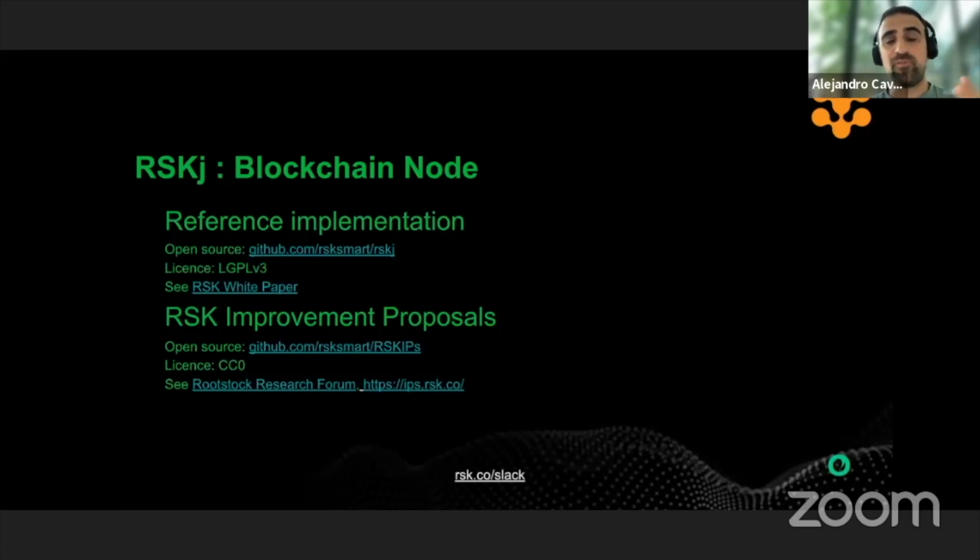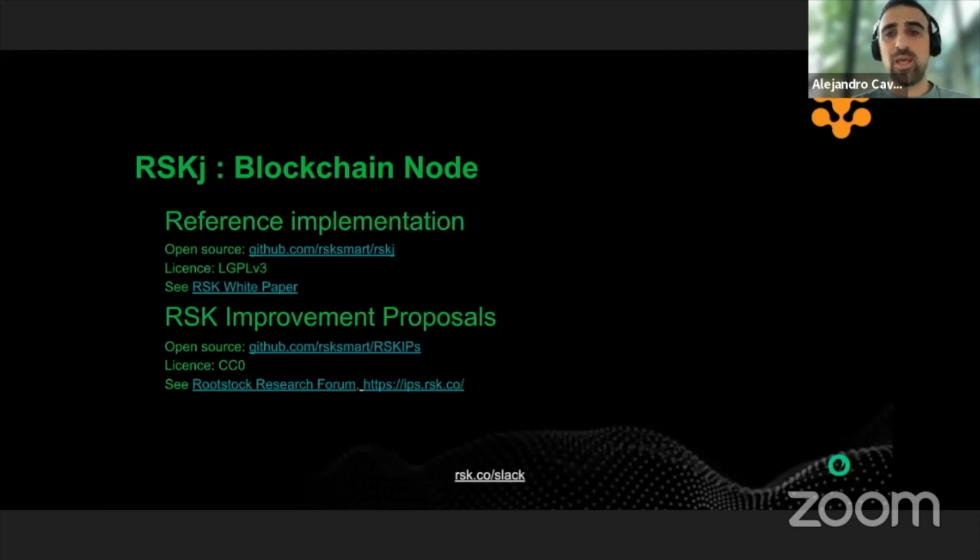Obviously, from that moment, we changed a lot of things from the implementation. Probably you heard about this in Sergio's presentation. As I said, this is written in Java, is of course open source and available on GitHub.